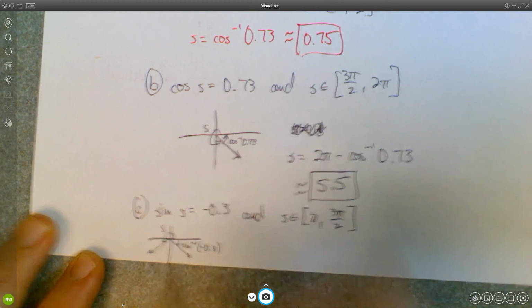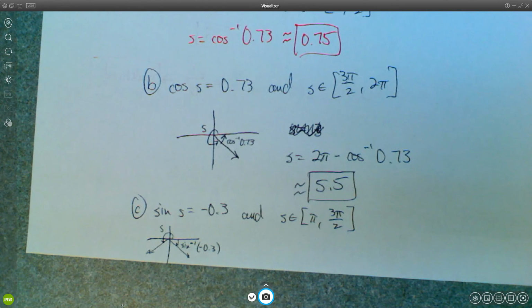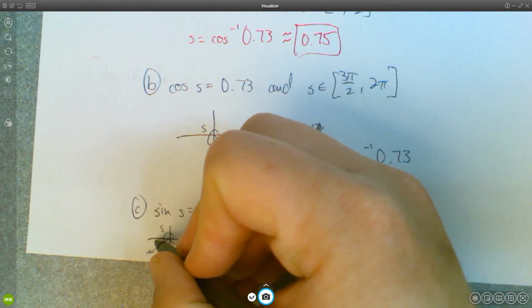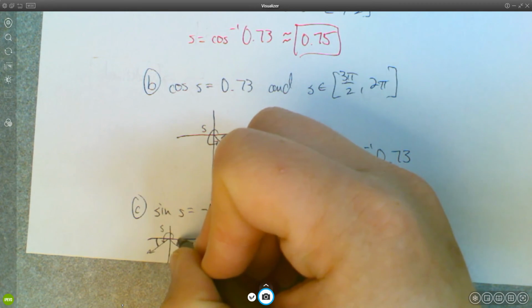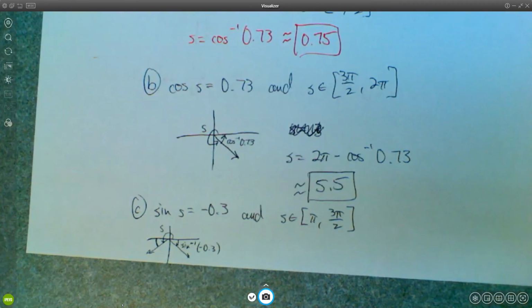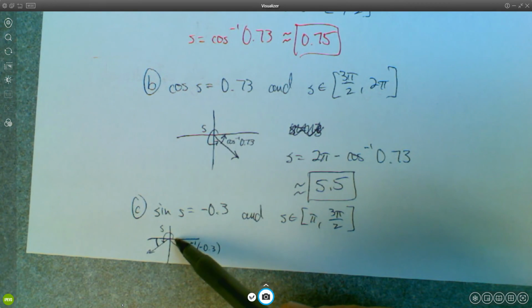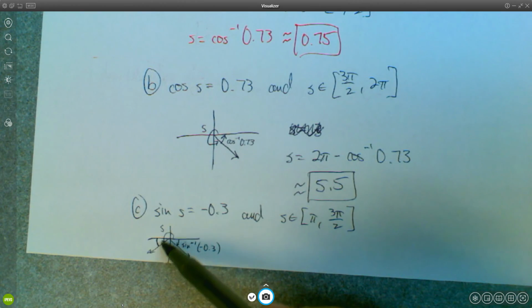We want S. Okay. So how are we going to get it? Well, we know that this angle right here should be the same as this angle right there, only it should be positive. So whatever negative angle they give us, we're just going to make it positive, and then we're going to say S equals 180 degrees plus that angle.